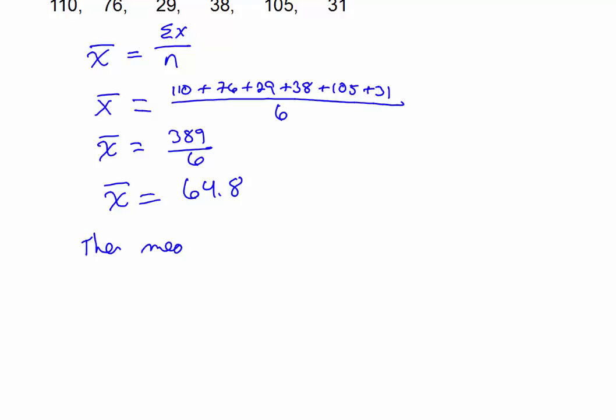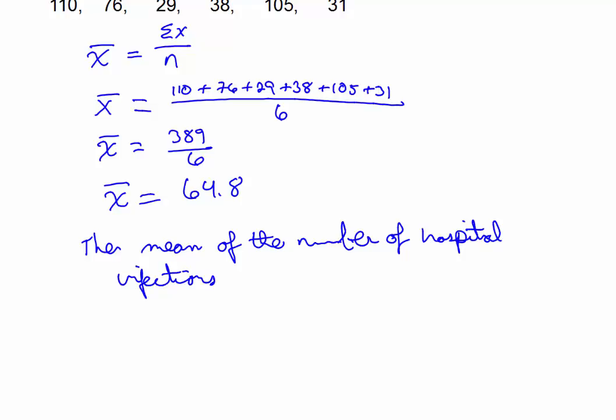The mean of the number of hospital infections for the 6 hospitals is 64.8, which means on average each hospital had about 64.8 infections.